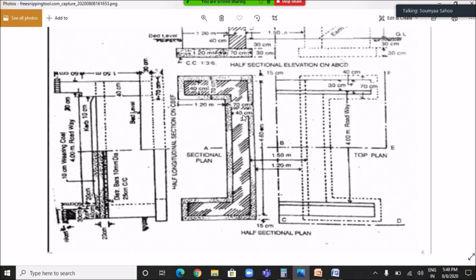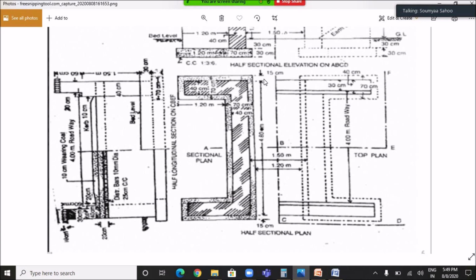See this plan, you can see clearly there are two number of abutments. This is number 1 abutment, this is number 2 abutment, and 4 number of wing walls. 1, 2, 3 and 4 number of wing walls. So the excavation work for abutment is done from here, this point, to this point. As you can see in the figure, from this point to this point, the length is given 4.8 meter, and there is an offset of 15 centimeter or 0.15 meter on either side.